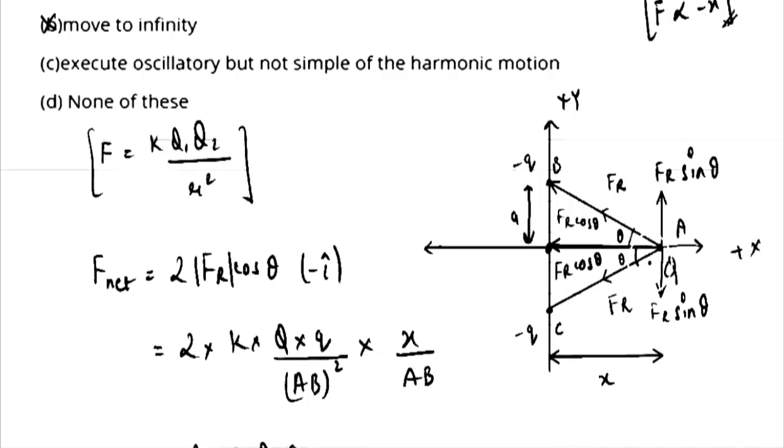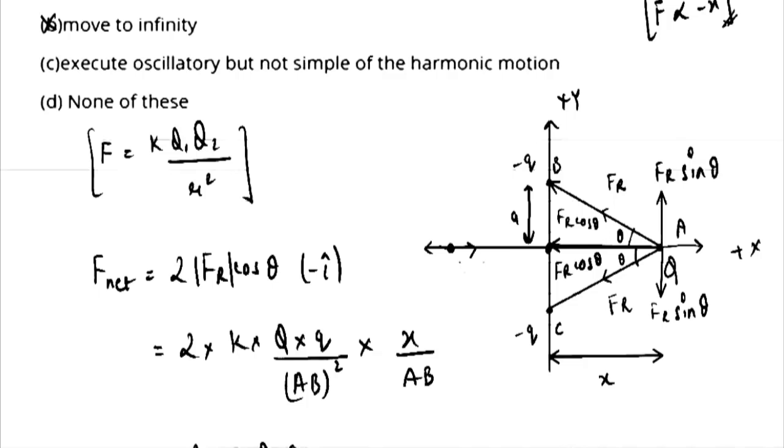But at the origin, this plus q charge will gain some velocity, and its velocity will be maximum at the origin. So due to momentum, this plus q charge will move further in the negative x direction, and it will reach up to a certain distance that will again be equal to 2a.